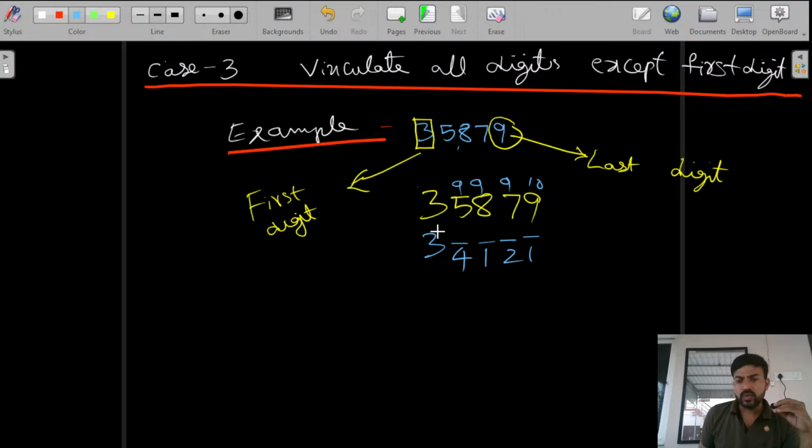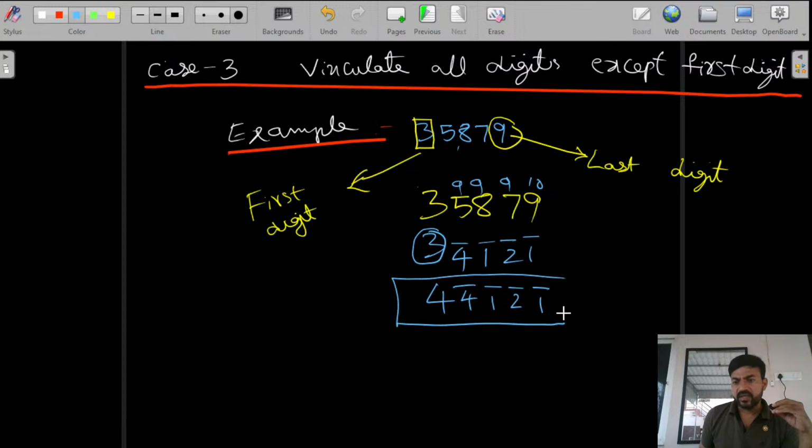So apply the second rule. Take the successor of the remaining part. 4 is the successor of 3. You have to take the remaining unvinculated part as it is. This is the vinculated form on the specification. With this specification, the vinculated form of 35,879 is 4 bar 1 bar 2 bar 1.